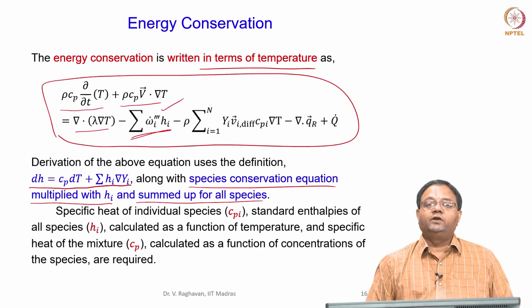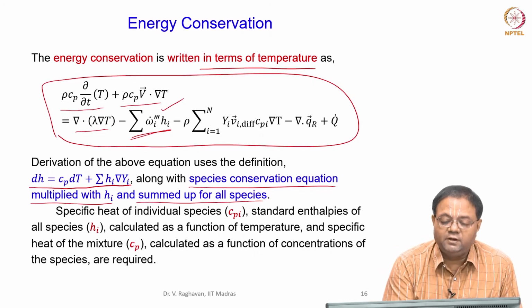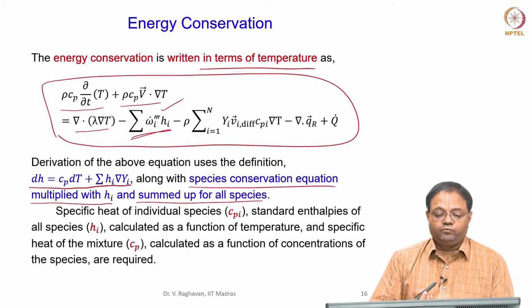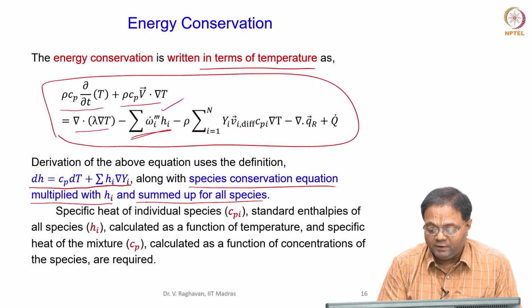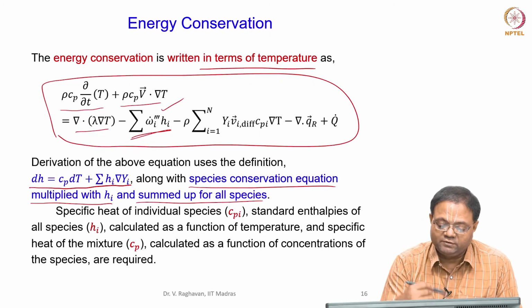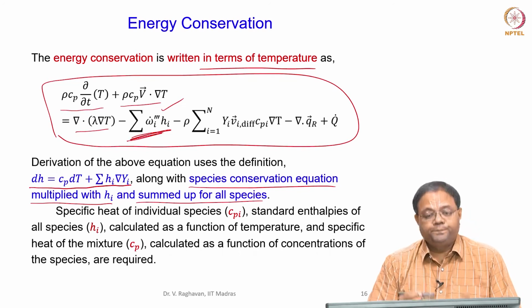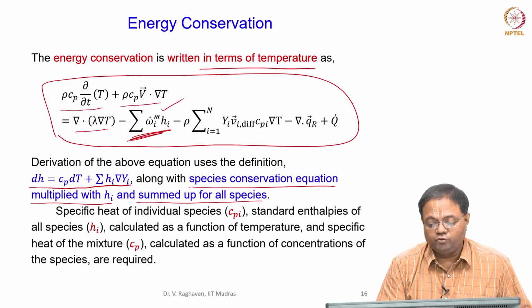The source term of each species is the rate at which the species is consumed or produced, omega dot i triple dash. That is the volumetric source term, into Hi. So I am multiplying the species conservation equation by Hi and summing up, and that summed-up term comes out as a source term here.